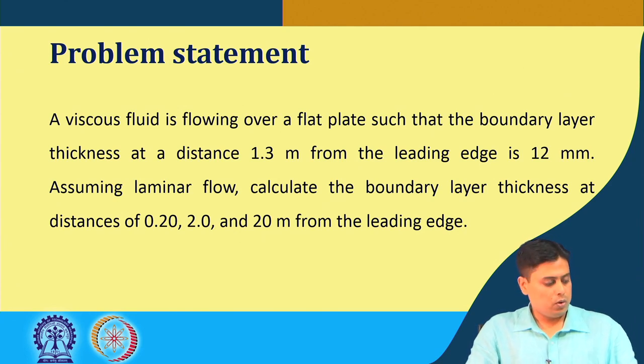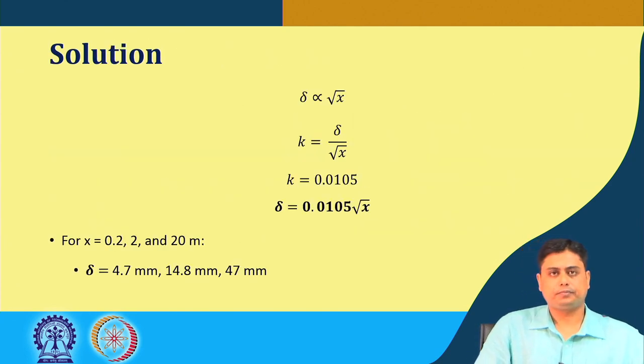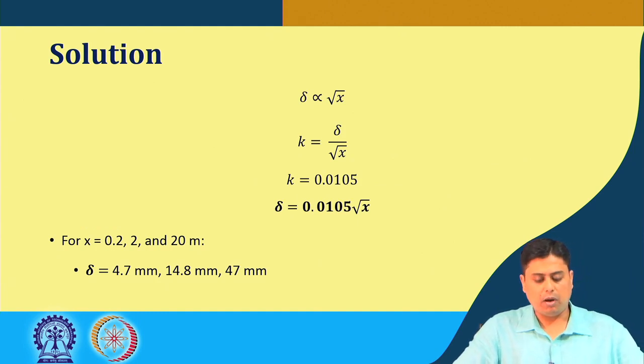If we look at it, we know that the boundary layer thickness is proportional to the distance to the power 0.5. This we have discussed in the previous class.